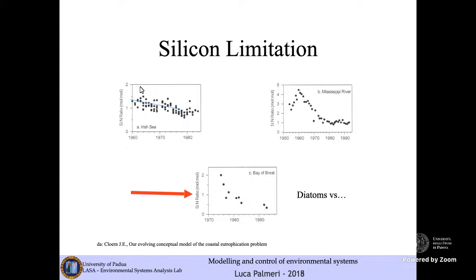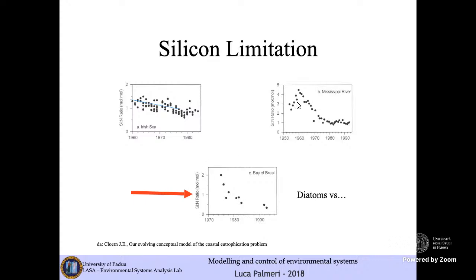This is what happens in the Irish Sea, which is a smaller part of the North Atlantic Ocean. What does this mean? This means that over the years, the effect of silicon limitation is becoming more and more relevant. This means that the algal pool we are describing in the Irish Sea is formed by a significant quota of diatoms, algae that need the presence of silicates in order to grow.